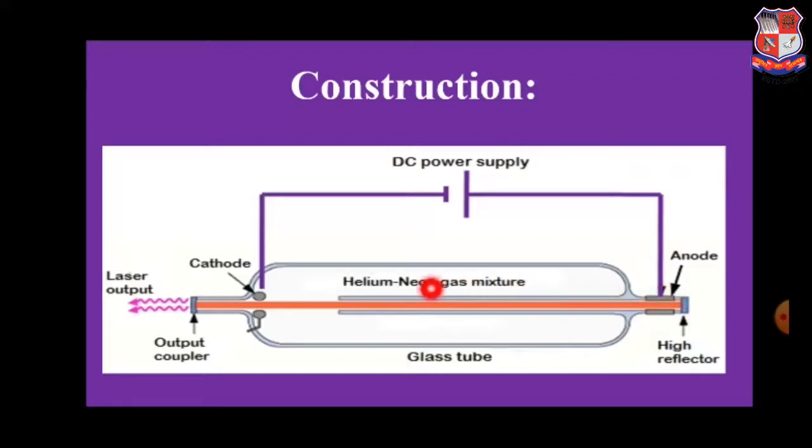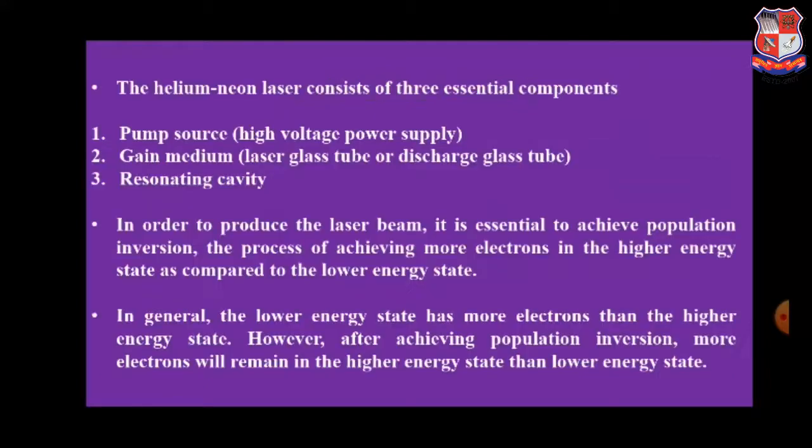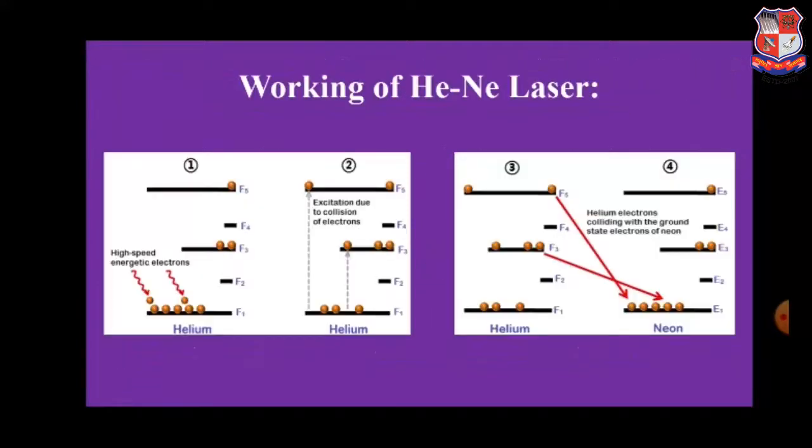This will be reflected towards the output coupler, which is the resonator cavity, and at this output coupler we will get the laser output, and the laser output will be of uniform shape, which was not the case in the semiconductor laser.